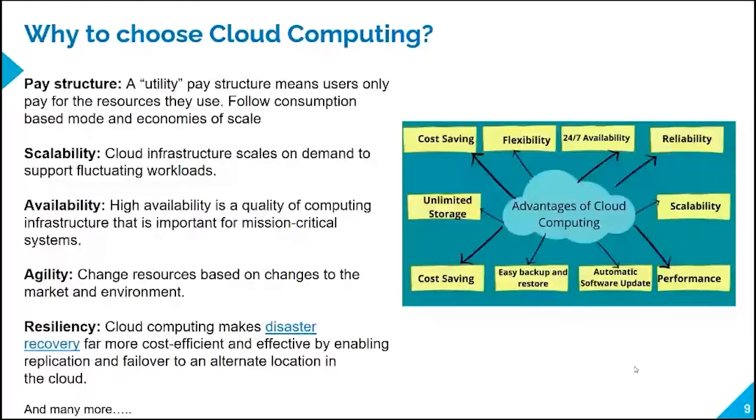In cloud computing, cloud service providers ensure high resiliency by copying your resources to another data center in times of natural disaster. So if that data center is down, then your application will be automatically reallocated to the nearest data center where everything is running perfectly fine. So highly resilient.